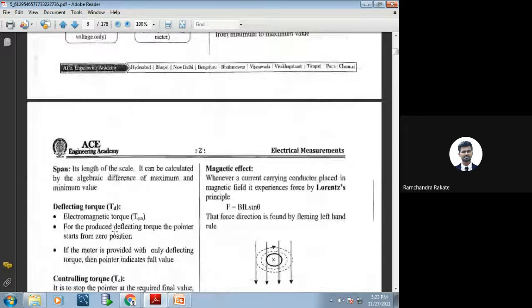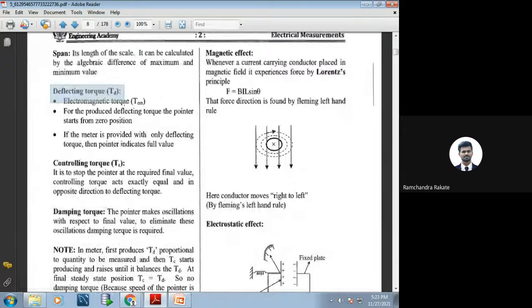Apart from that, we have looked at the different torques: deflecting torque, controlling torque, and damping torque. We looked at the functionality of each, and according to that we looked at certain effects: the magnetic effect and the electrostatic effect.